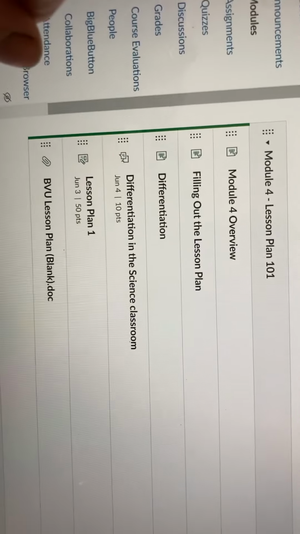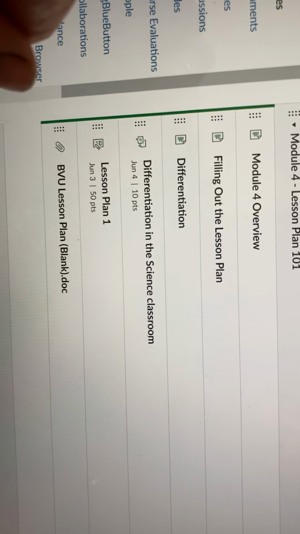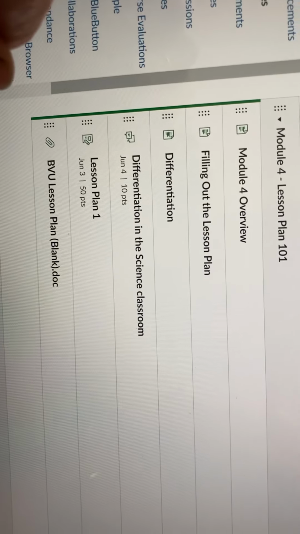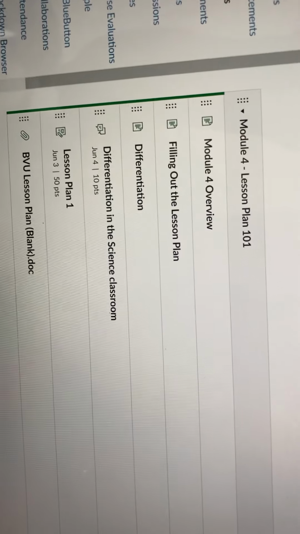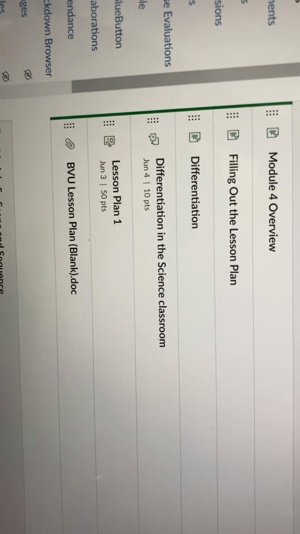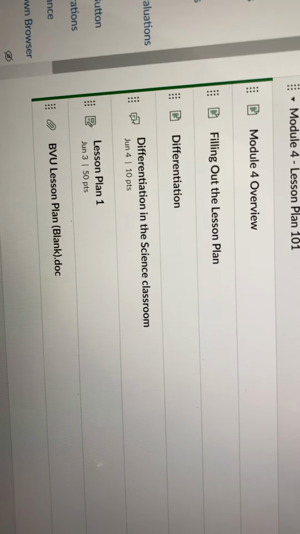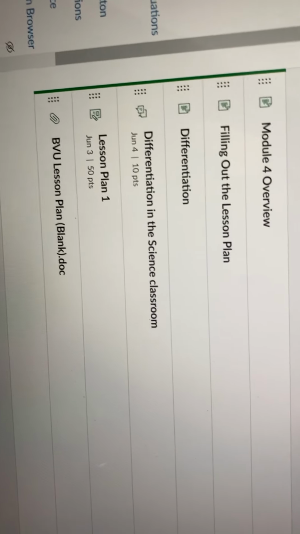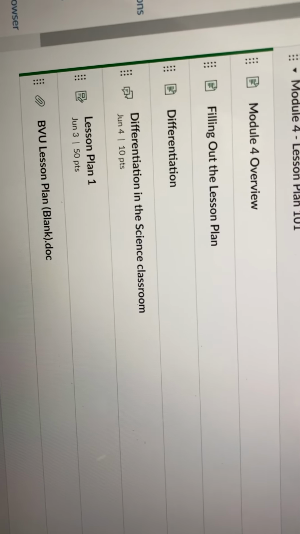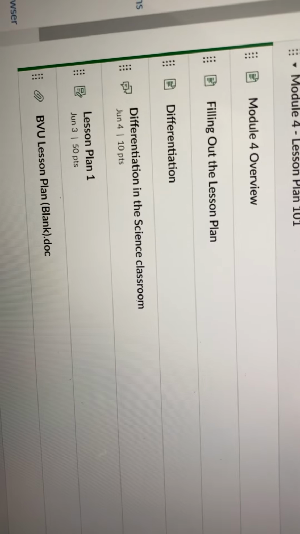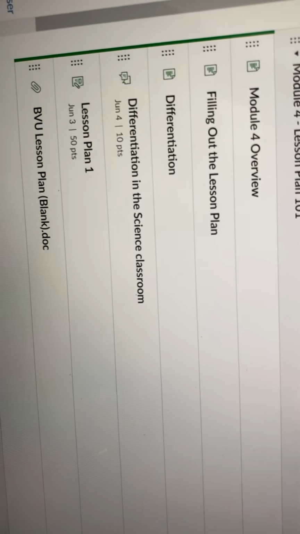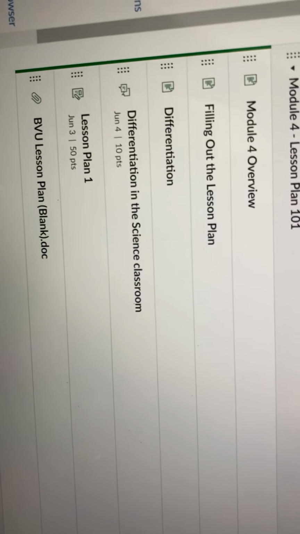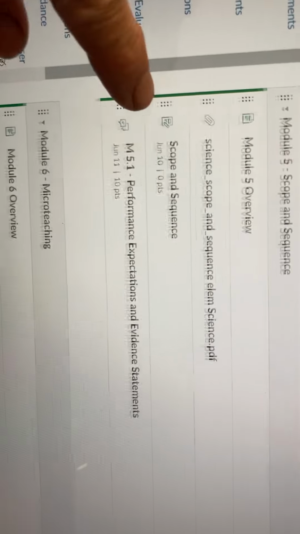For module 4, this worked so great. For the differentiation, we went back and used the resources I'd previously given them, and we practiced writing another lesson, focusing on stage 1 and then stage 3, just the differentiation and how we need to have differentiation in each part. That went really well as well.